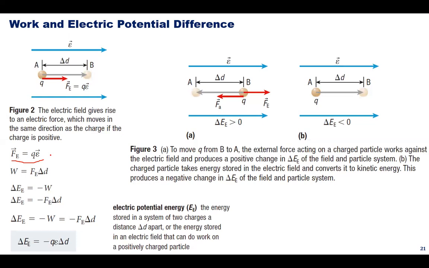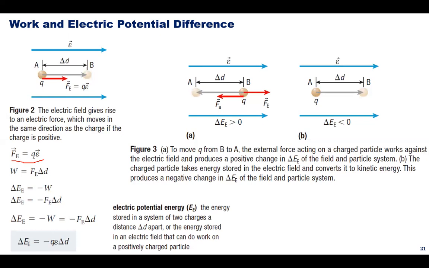According to the definition of work, which is usually denoted by the letter W, the work done by the electric force on the charge is expressed as W equals Fe times delta D, right? The electric force does work on the charge and is independent of the path it takes from A to B. We can now define the electric potential energy, which is the energy stored in the system that can do work W on a positively charged particle.